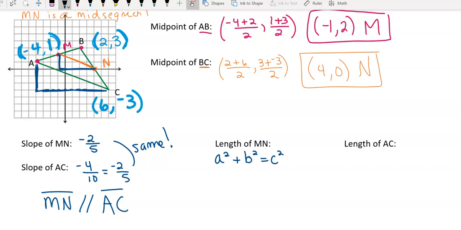So we're going to test it by using our formulas. For MN, the little one, we can use the triangle we made for finding slope. It has a leg of 2 and a leg of 5. So 2 squared plus 5 squared equals c squared.